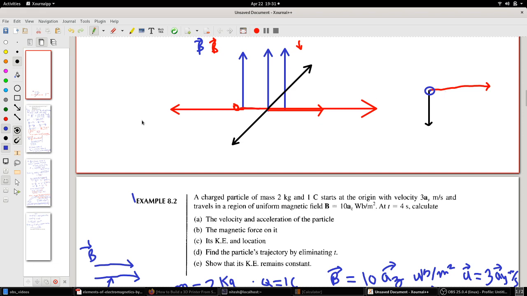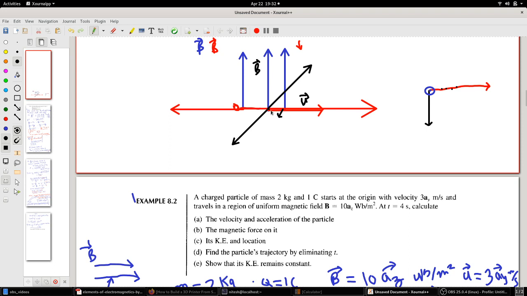Now the moment this charge is moving in this direction, if I use the right hand rule, this is the direction of my B, this is the direction of U. It will experience a force which is towards the x.